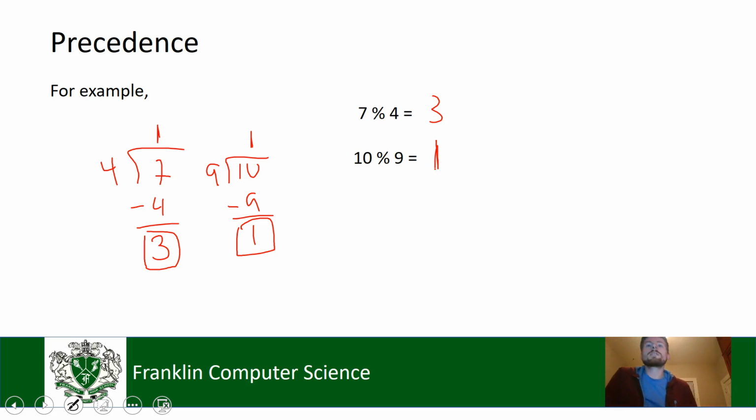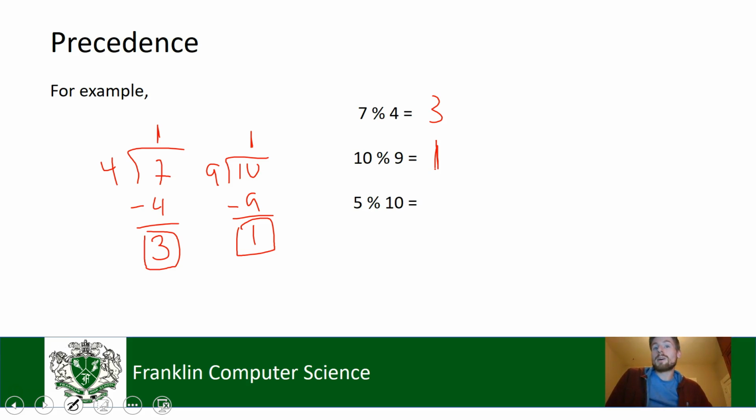You can almost think of it this way: you start taking away the number on the right from the number on the left until you get a number that's smaller than whatever's on the right. For example, 7 minus 4 gives you 3, and 3 is smaller than 4, so we're done. 10 minus 9 is equal to 1, and 1 is less than 9, so we're done. That's the answer.